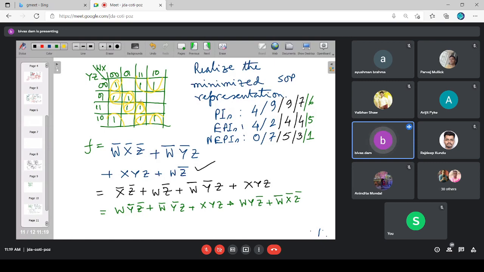Is there any other pair possible? Let me go back. After forming the quads, how many cells are yet to be covered? 4. So to cover those 4 cells, I have to explore all possible pair formations.